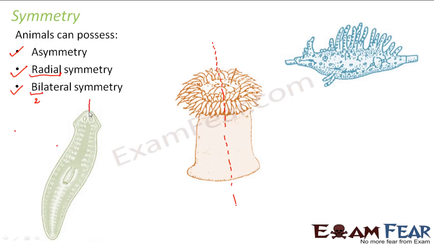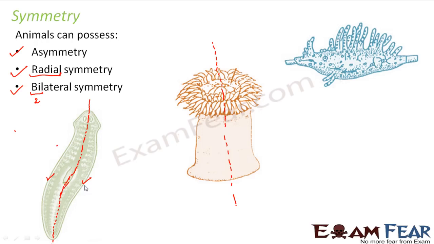If you divide it along an axis like this, which will also pass through the center, now if you look at the left side and the right side, both are laterally symmetrical. That means both are identical to each other. So if you turn one half, you will get the other half. So that is bilateral symmetry.